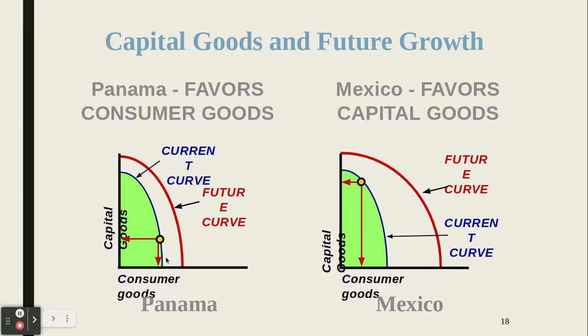If Panama decides they want to focus their allocative efficiency more on consumer goods, well, future growth is not going to help them as much. They won't have the network stability, the infrastructure to grow as rapidly. Whereas Mexico, if they want to focus more on their capital goods now, yeah, consumer goods might be lacking, but future growth could be way higher.